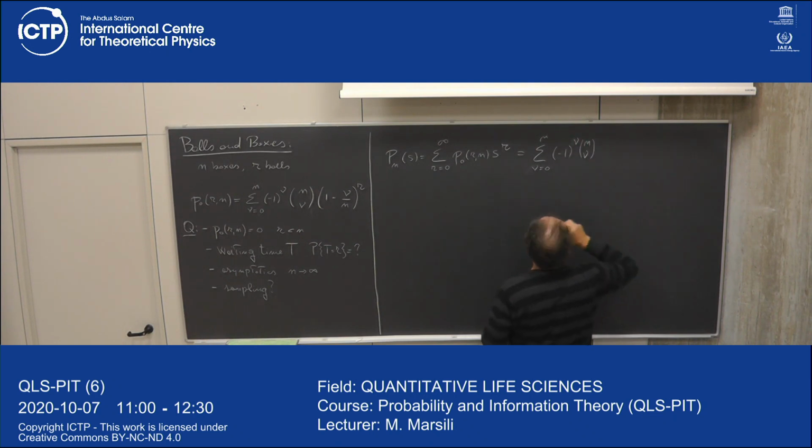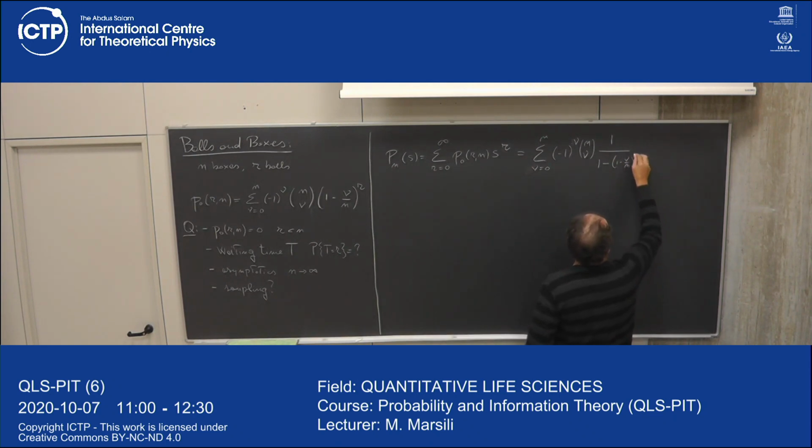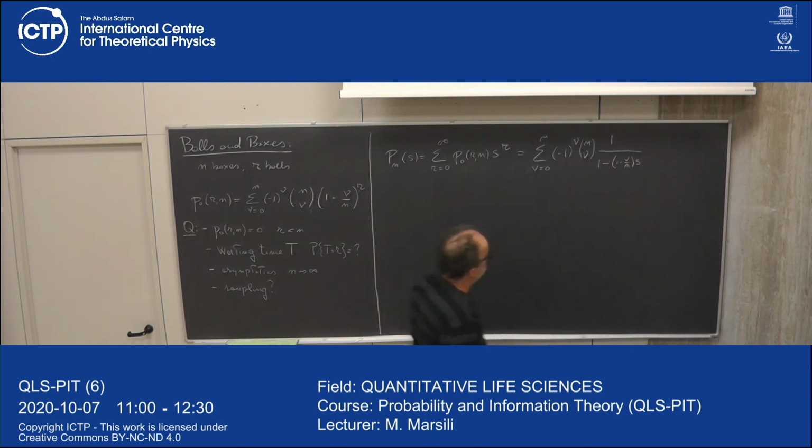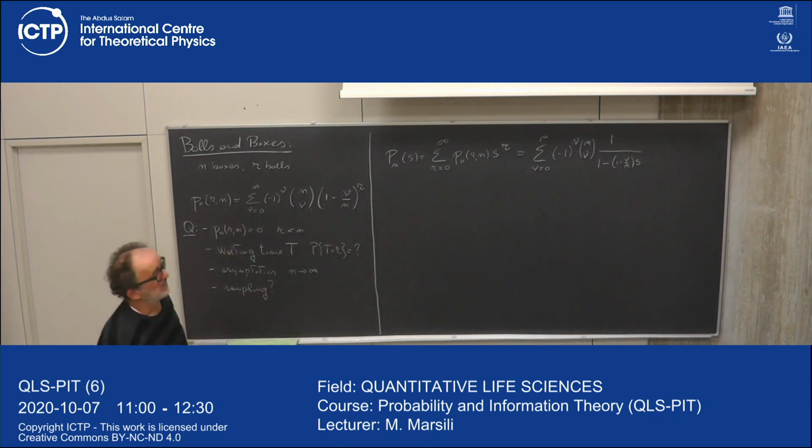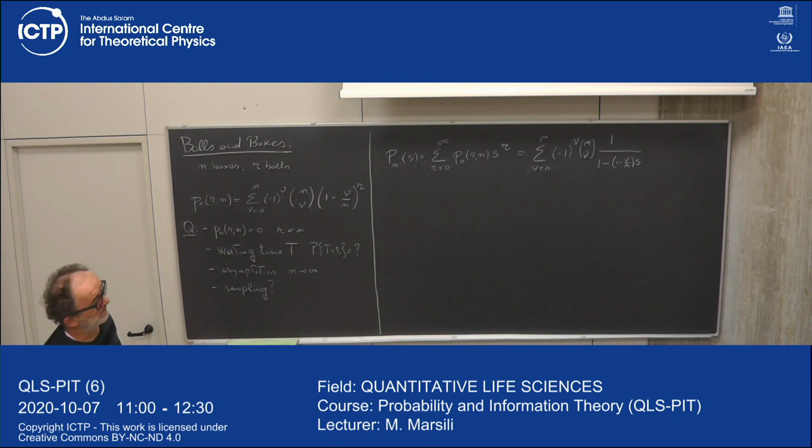So this part remains the same, but the geometric series, when you resum it, it gives you 1 minus nu divided by n times s. Okay, so this is the geometric series.